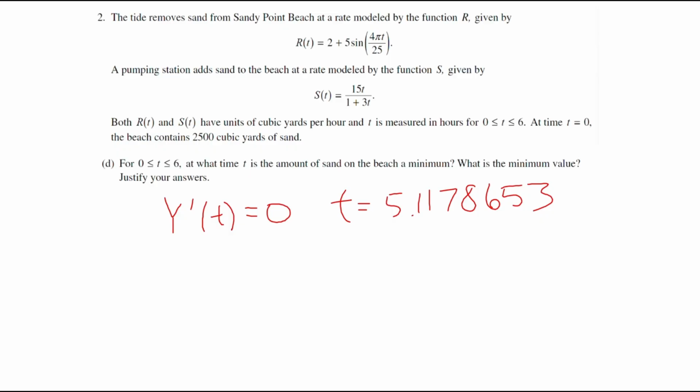And in fact, we know that we have a minimum there because we can make the statement that y prime of t is less than 0 on, and I'm just going to call this some value q. So I'm going to say y prime is negative on 0 to q.